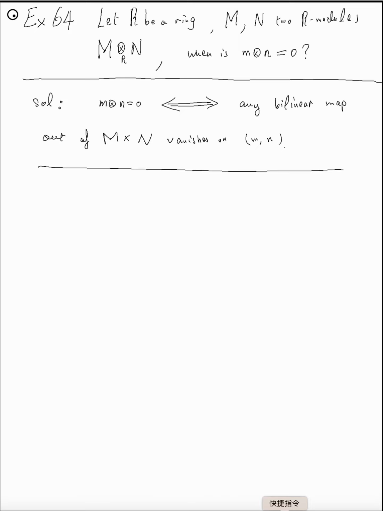The proof is, let's say firstly, so always we have the universal property.